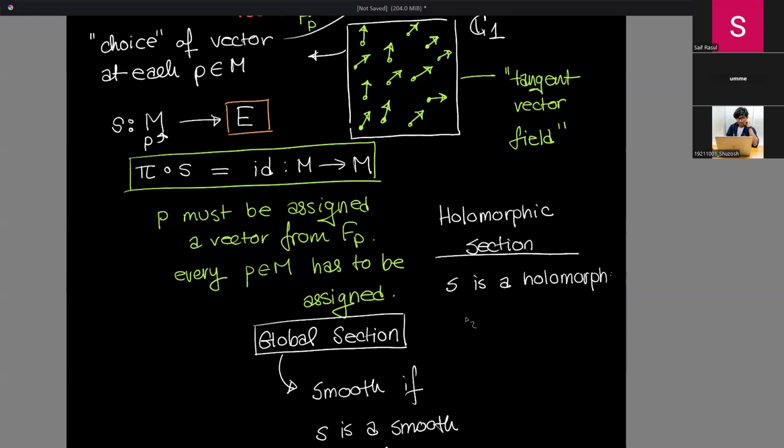And what does it mean for it to be a holomorphic map? Well, S preserves complex differentiability. So instead of it being smooth, instead of it being real differentiable, it's holomorphic, which means it's complex differentiable. Okay.